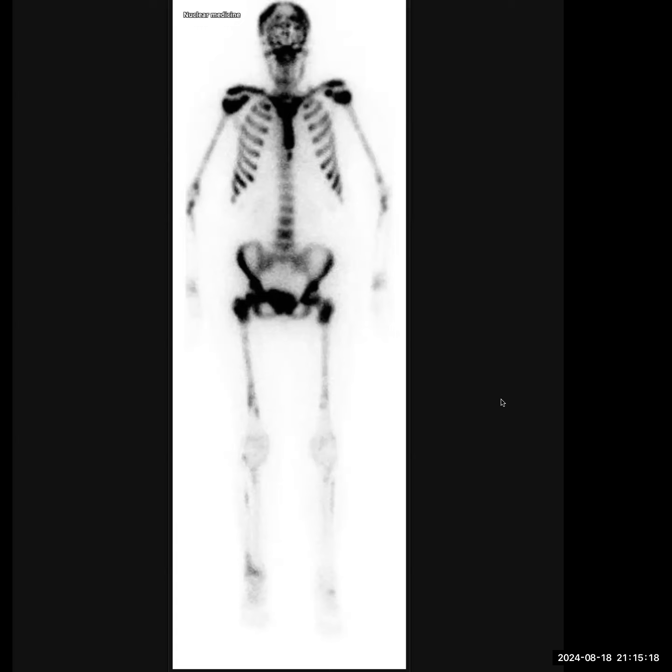I would ask for history and any previous images that would explain and correlate with lab values that would show increased alkaline phosphatase. I would also ask for any history of cancer in this patient, because this could also be a metastasis.